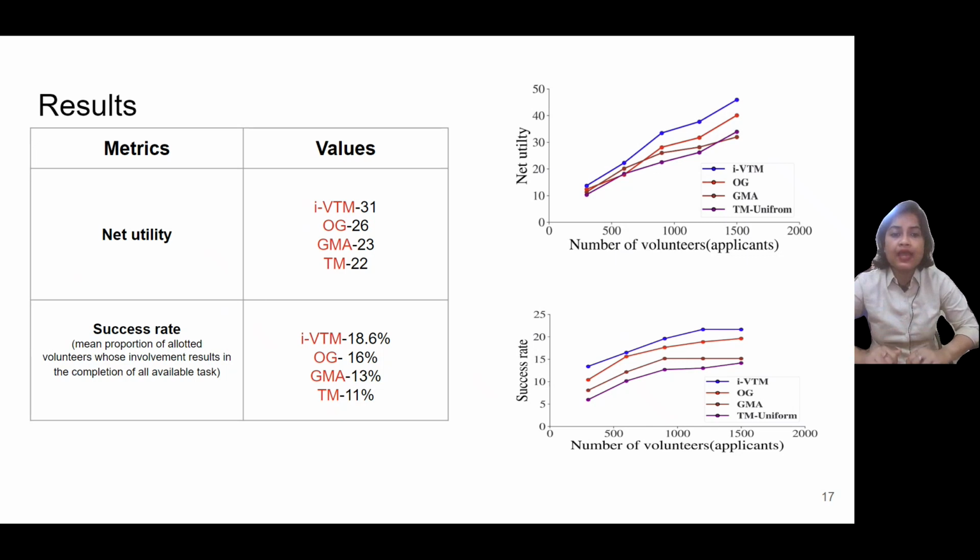So, i-VTM has the highest score. After that is OG. On the other hand, in case of TM uniform and GMA, every candidate is allowed to use only one skill. So more workers are recruited per task. This is increasing the cost and affects the utility inversely. For success rate, the same reasons stand behind i-VTM having the highest success rate.